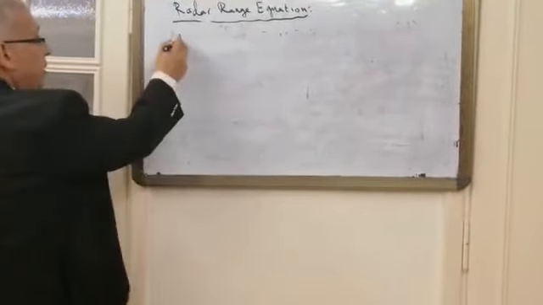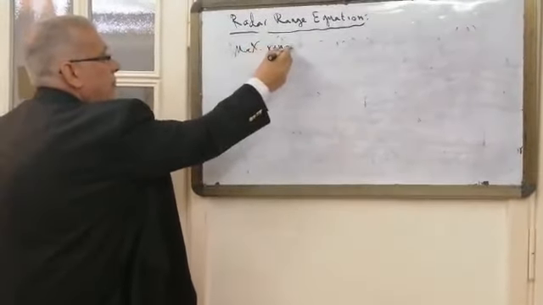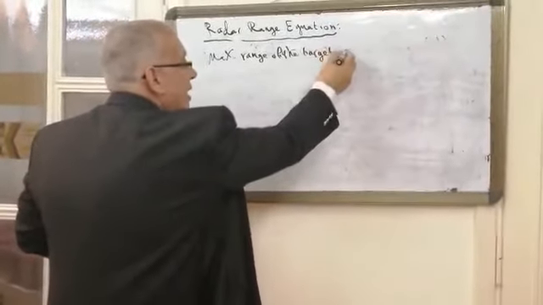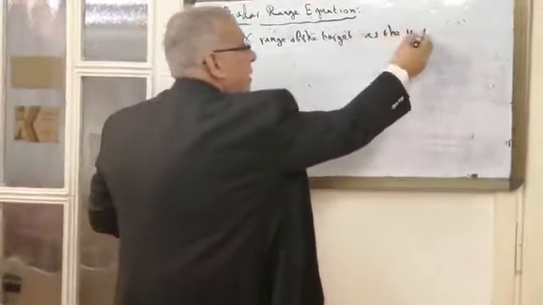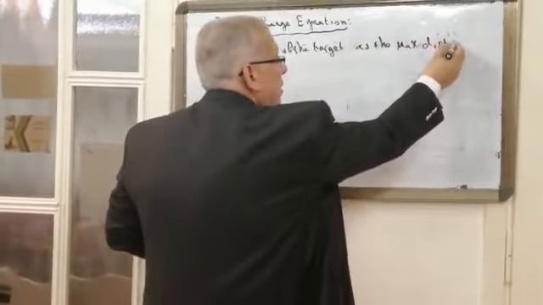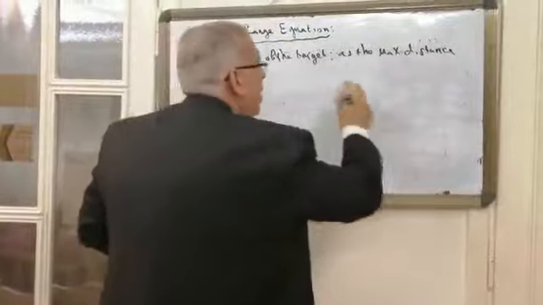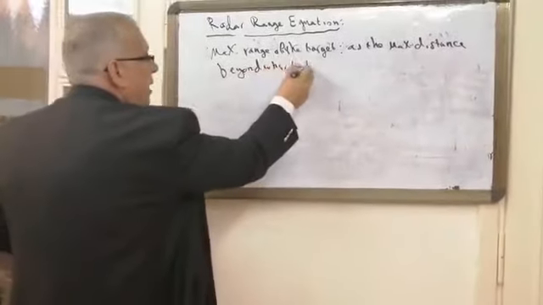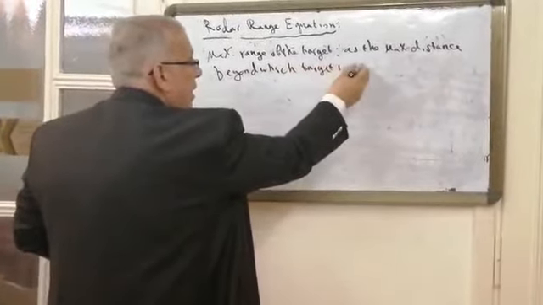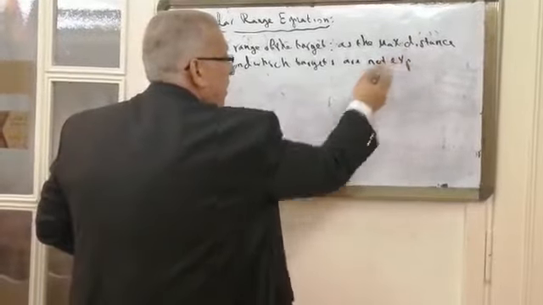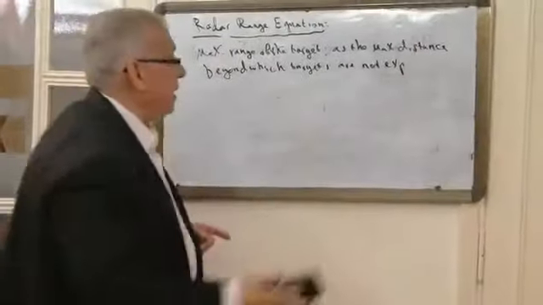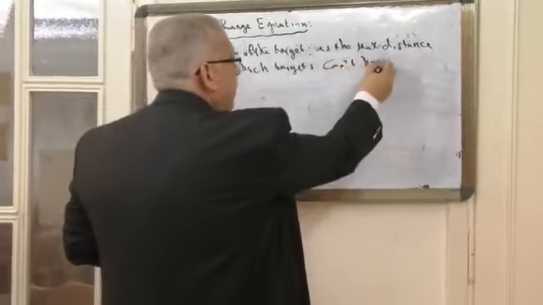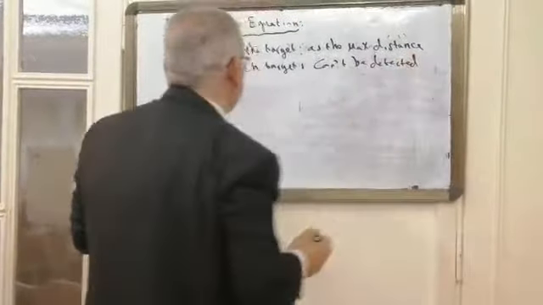Maximum range of the target. The range of the target can be defined as the maximum distance beyond which targets are not expected, or cannot be detected.